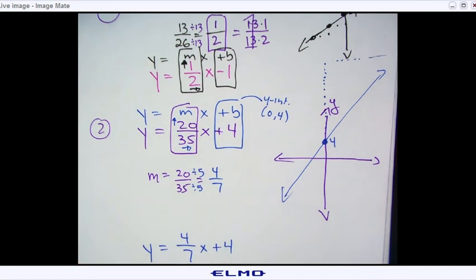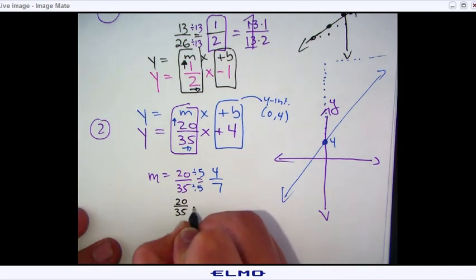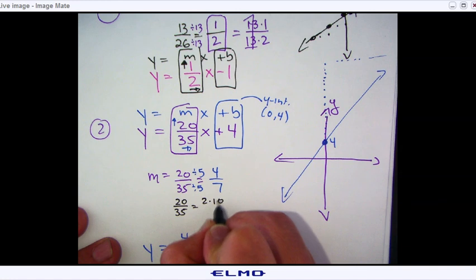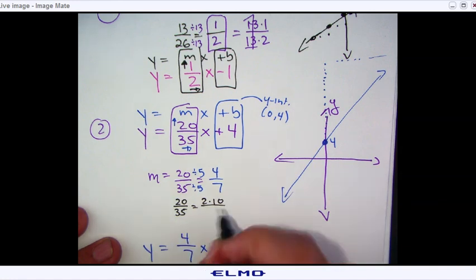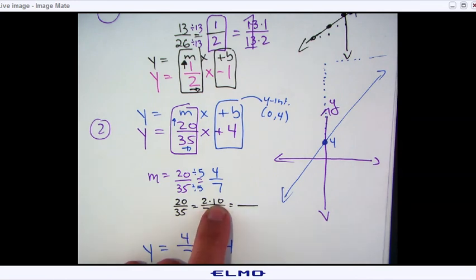Well, mister, can I do it with multiplication? Yeah, let's try it. 20 over 35. I'm thinking 2 times 10, and 35 is 7 times 5. Mister, there's no giant ones. All right, but look at the 10 on the top, the numerator. 10 is 5 times 2.